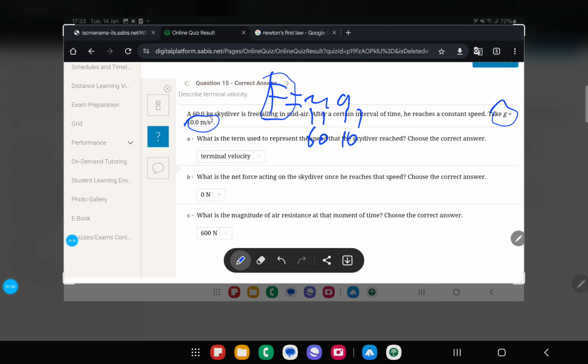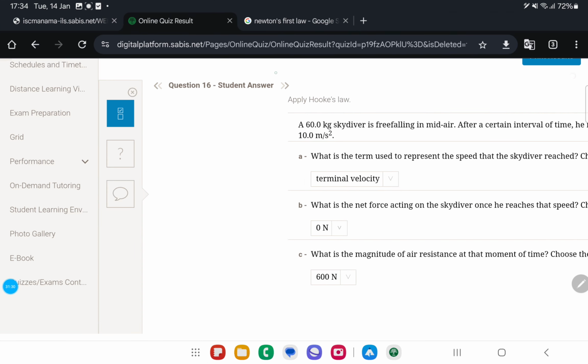So if we're not given any acceleration, we can use the gravitational acceleration, the 10 meter per second squared. Since this is also considered acceleration, we can substitute it for acceleration. So 60 times 10 is 600. So the force is equal to 600, and indeed it is 600 Newton. That's it.